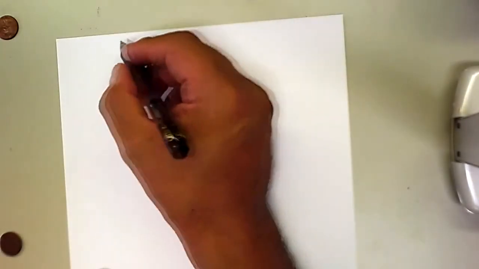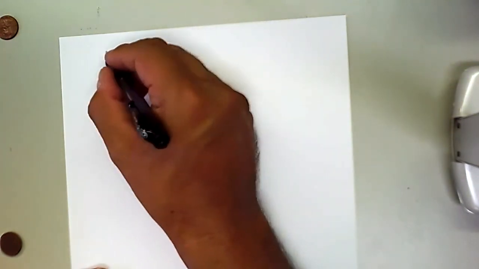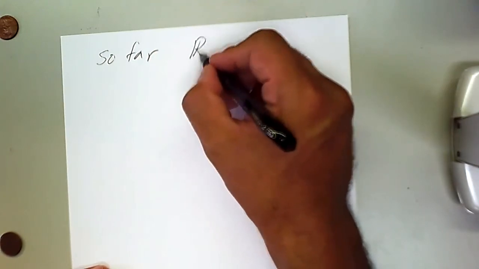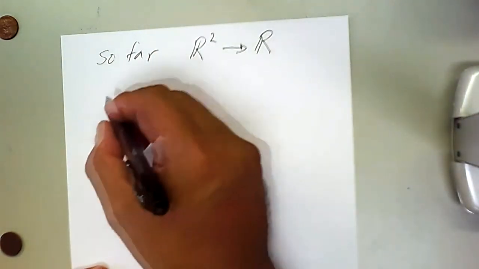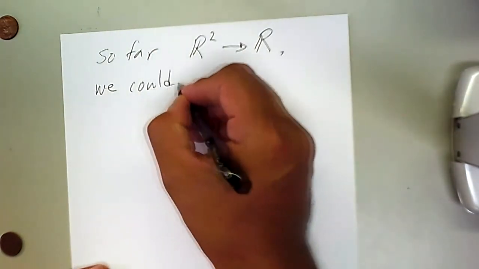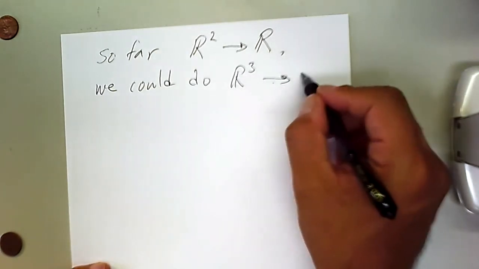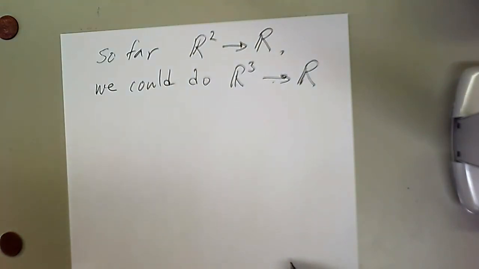There's one more example I want to show you, or one more idea. So far in this video, we've done functions that go from R squared into R. We could do functions that go from R cubed into R, but that is not drawable.